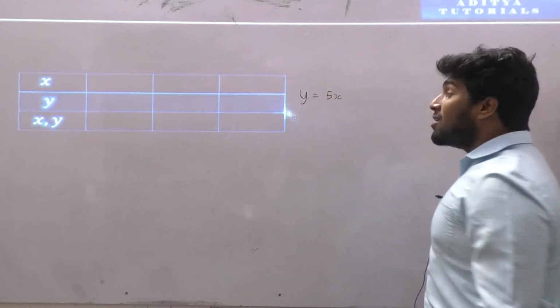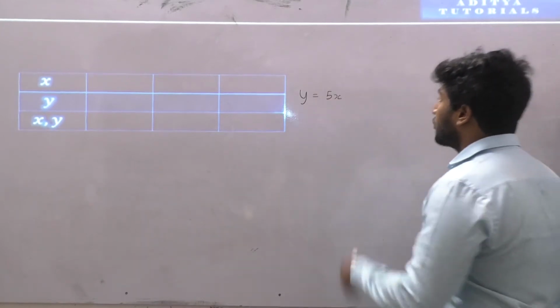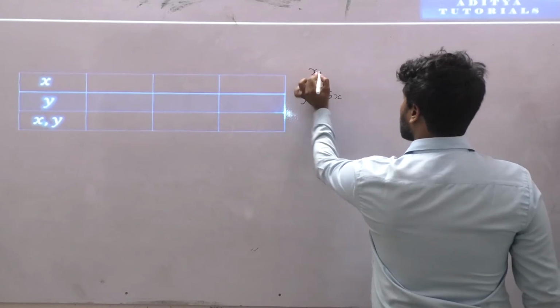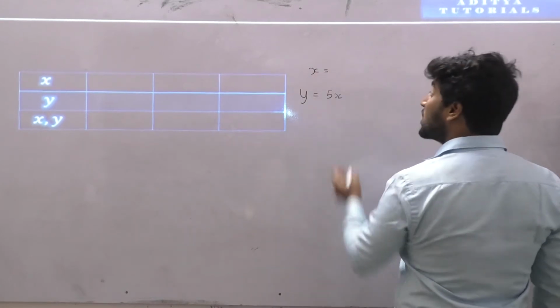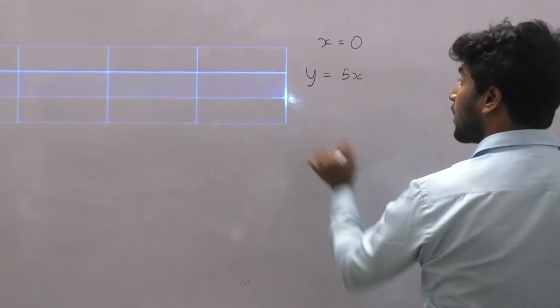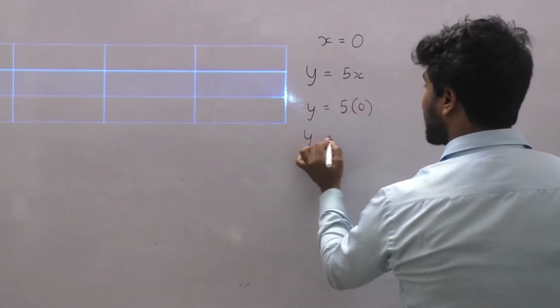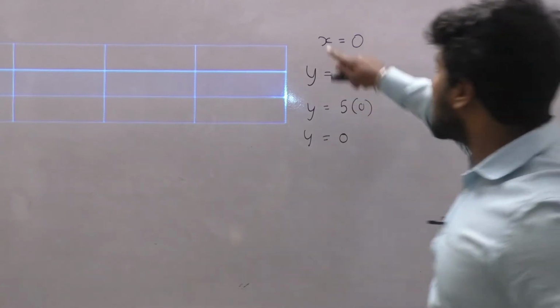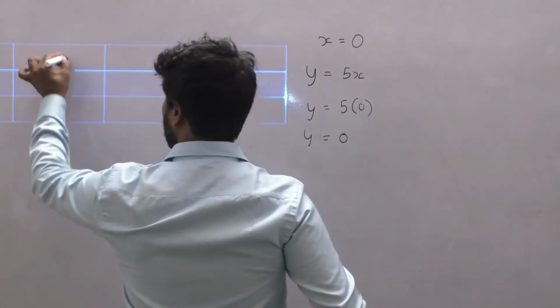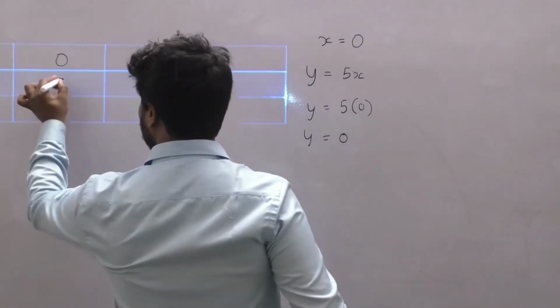Now let's assume the value of x. So when x is equal to 0, we get y is equal to 5 into 0, so y is equal to 0. When we assume the value of x as 0, we get the value of y as 0.